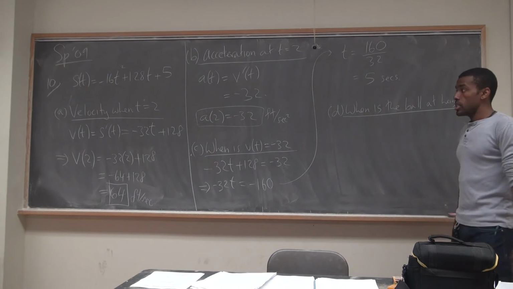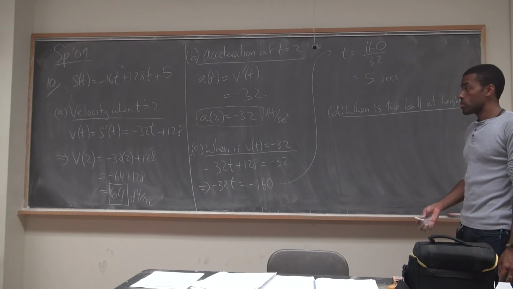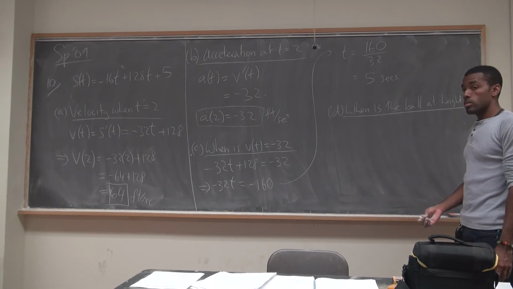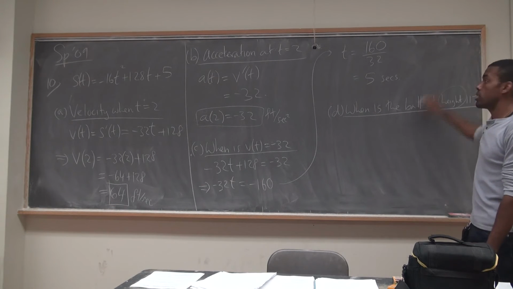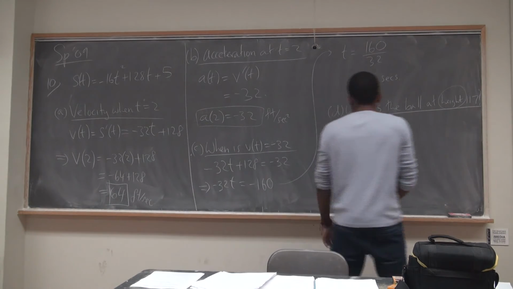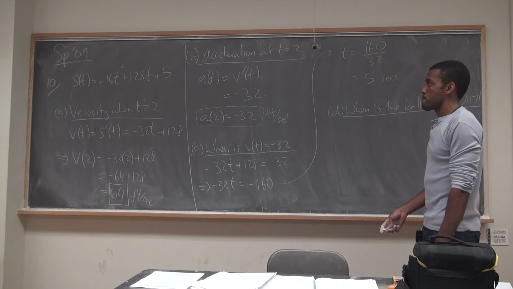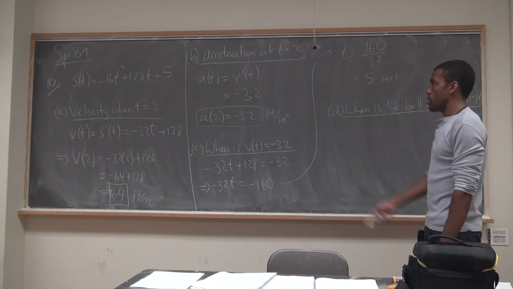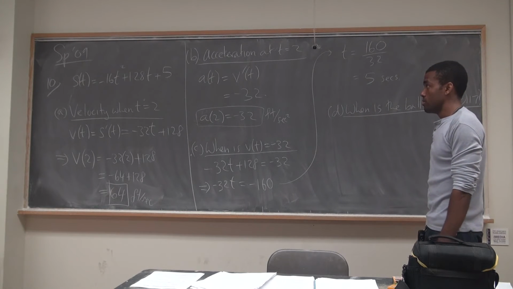What about part D? Right, height is a position. So I go back to the position function, and how do I get that? What do I set up here? Do I plug in 117 for t?